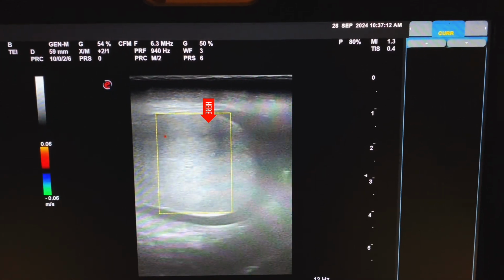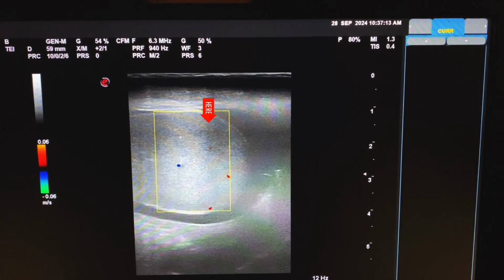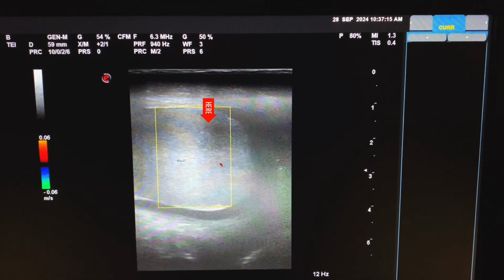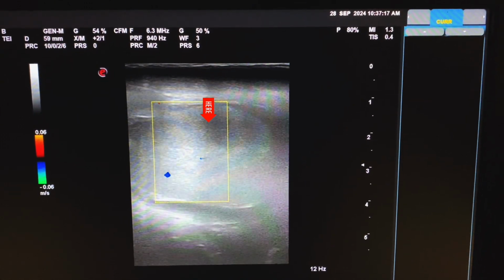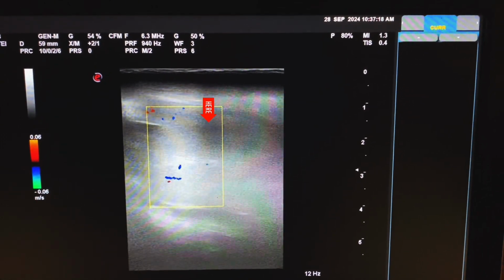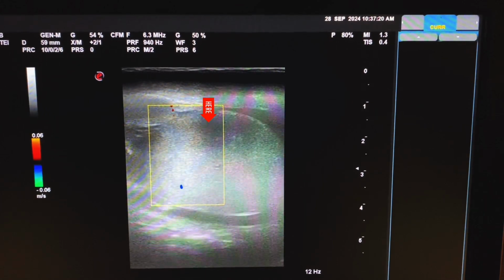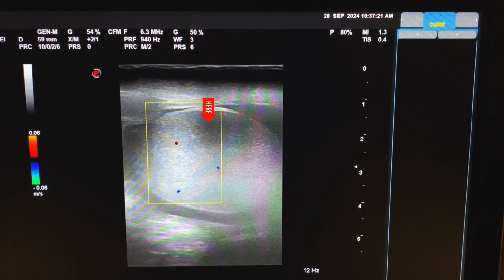Here we also see increased blood flow in the testis, but less as compared to the right testis.